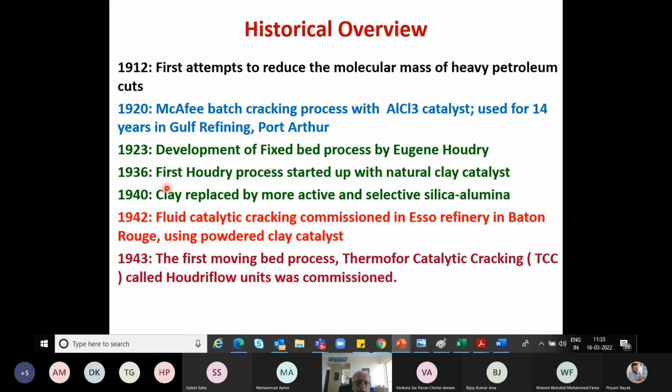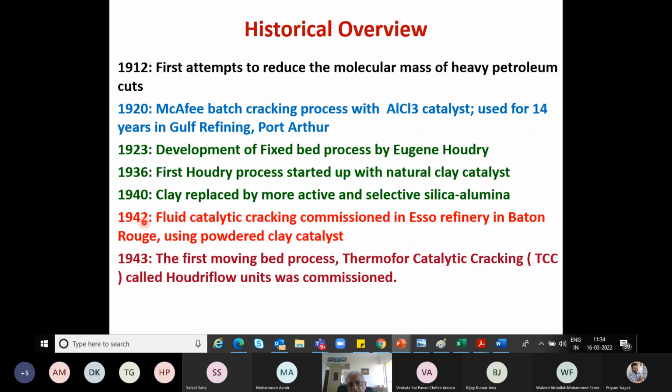And as you can see, a large amount of this activity was carried out during World War II to be able to provide gasoline and diesel to the war machines of those times.